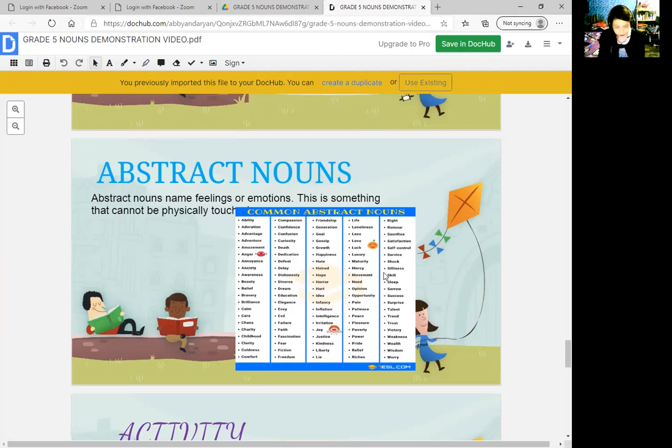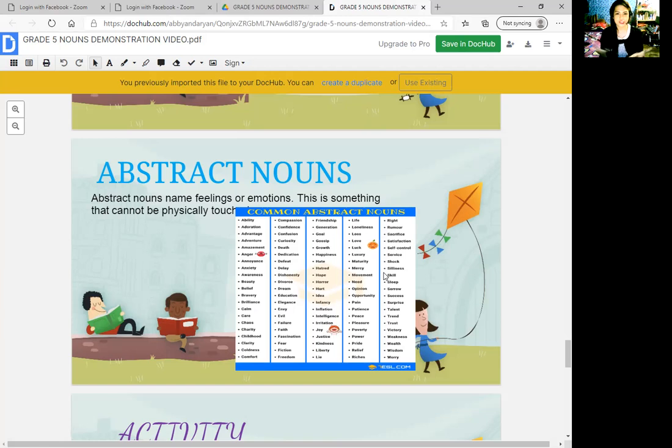So again, abstract noun means feelings or emotions. Say for example, to determine what I'm feeling right now, I would say happiness. I felt happy being with you again, seeing you today, and teaching you more about nouns, and also compassion.